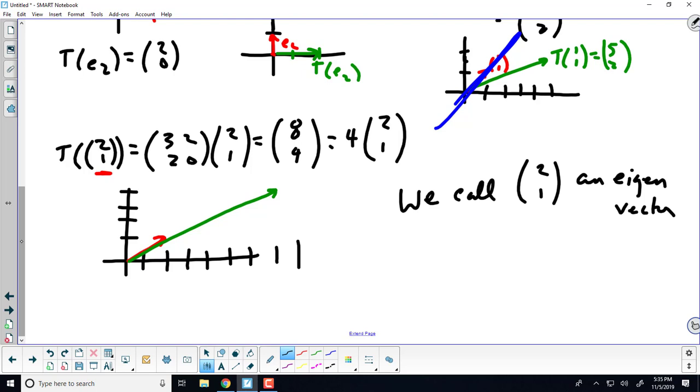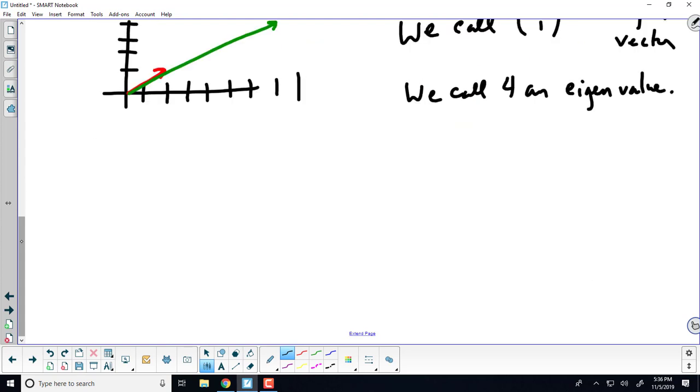And in fact, we will call 4, that multiple that we got out, an eigenvalue. I can't remember what the word eigen means. I was going to look it up and I ran out of time. But I think it has something to do with the essence of the transformation being in what happens to this one vector.